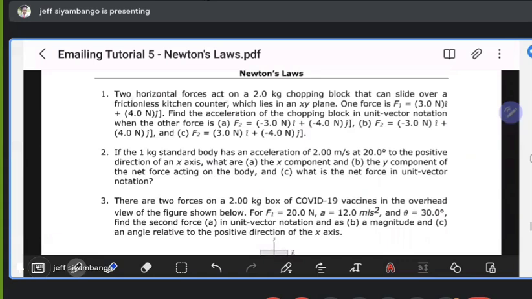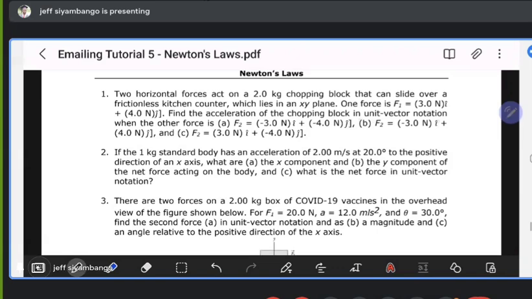They act on a 2 kg chopping block that can slide over a frictionless kitchen counter, which lies in the XY plane. One force is this. Find the acceleration of the chopping block in unit vector form.